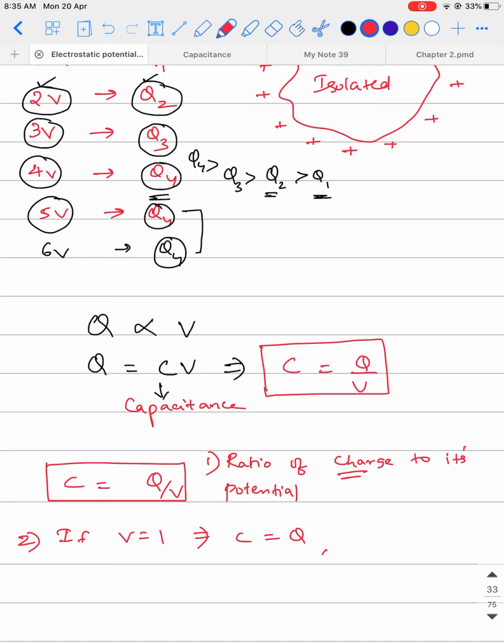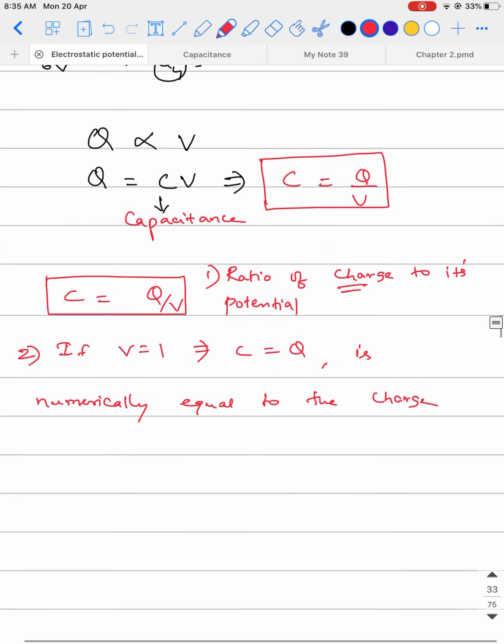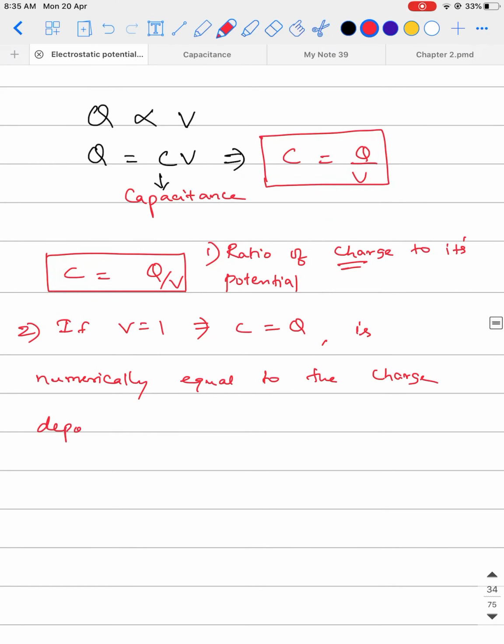What is the meaning of this? Capacitance is numerically equal to the charge deposited on the conductor of potential unity.